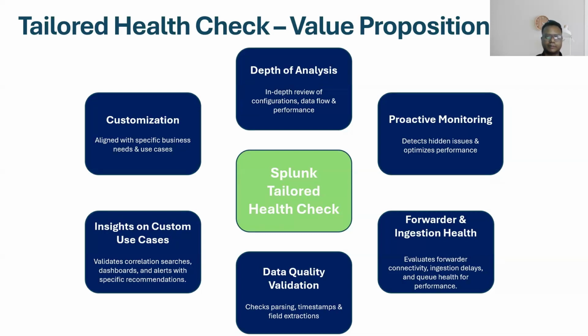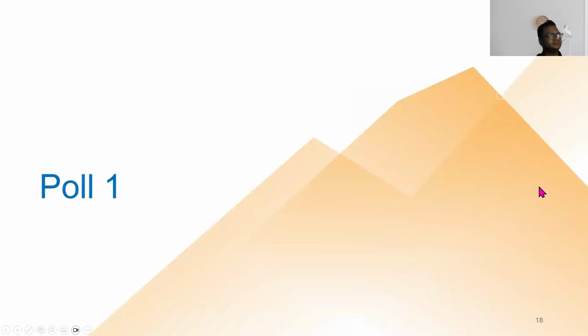Are they compatible with the current version, 9.1.2 or 9.2.3, whatever your current Splunk version is? Are you ready for the migration? So we do a very detailed, comprehensive health check, right? This is the problem that we see in the Splunk health check that comes out of the box.